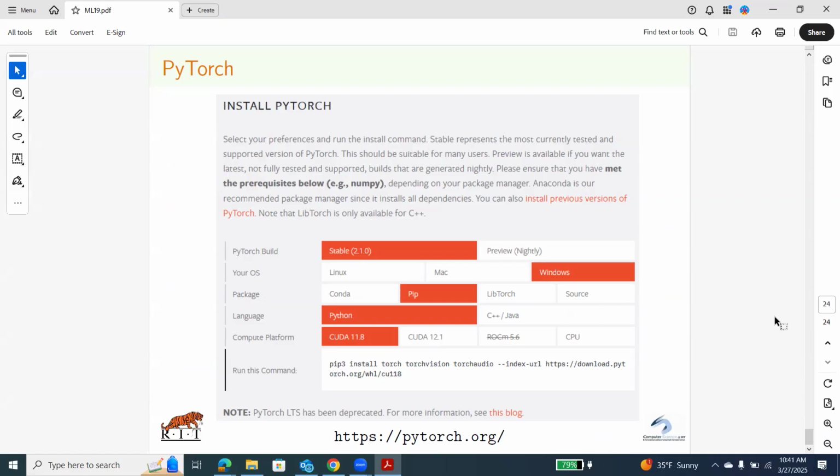But it's pretty simple because it will detect the configuration automatically.